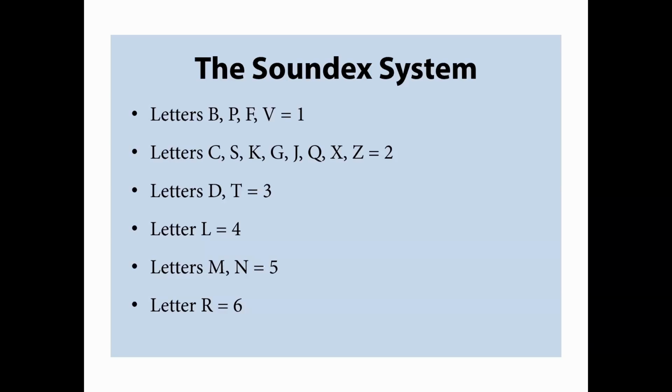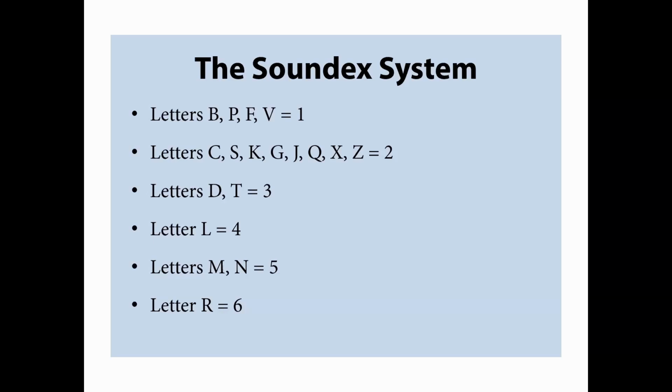So the Soundex system is based on actually assigning different numerical values. So you basically start off with the first letter of the surname, and then the rest of the letters are then assigned different numbers. And this is in your handout, by the way, so don't feel like you have to race to write this down.